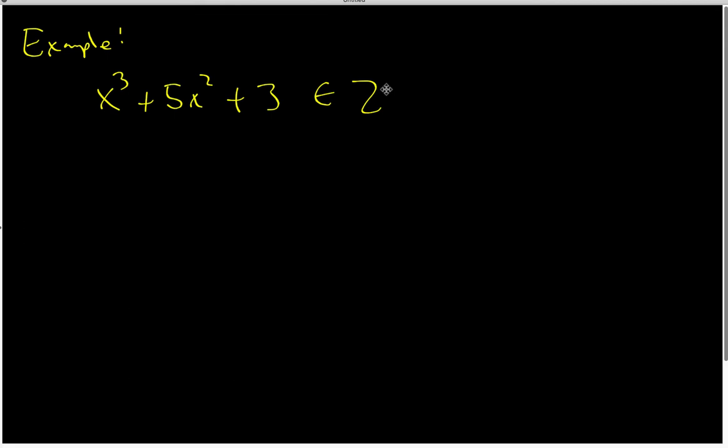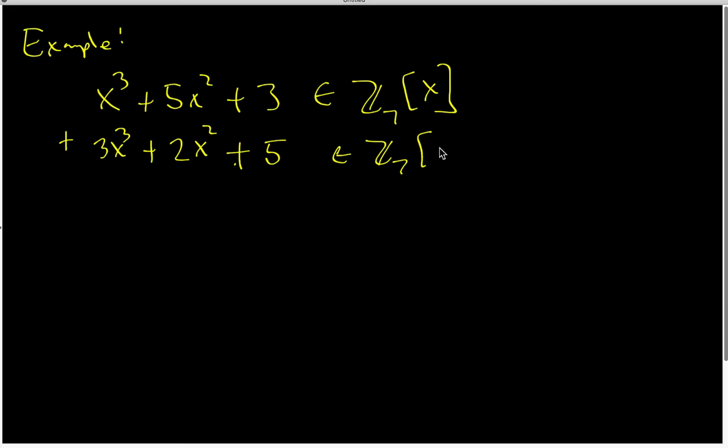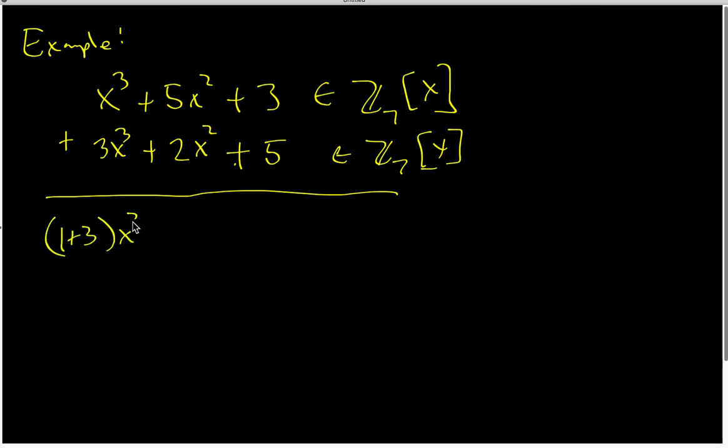So as an example, if I let x cubed plus 5x squared plus 3 be in Z7 square bracket x, in other words, a polynomial where the coefficients are in Z7, and I want to add to that 3x cubed plus 2x squared plus 5 inside Z7 square bracket x, the answer would be (1 plus 3) x cubed plus (5 plus 2) x squared plus (3 plus 5) as my constant term.